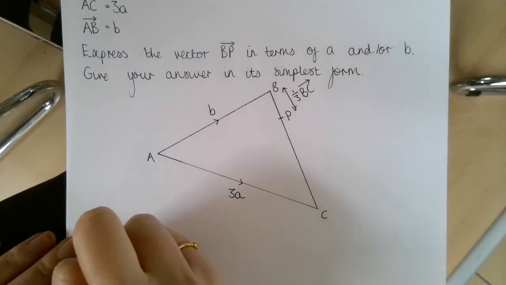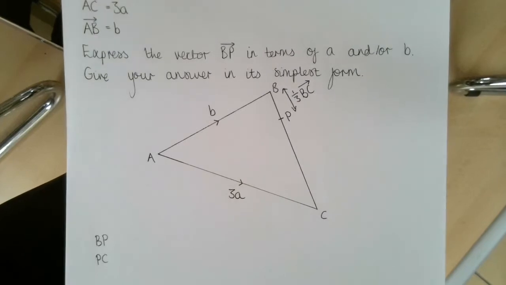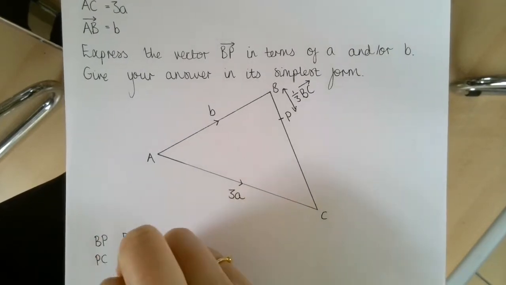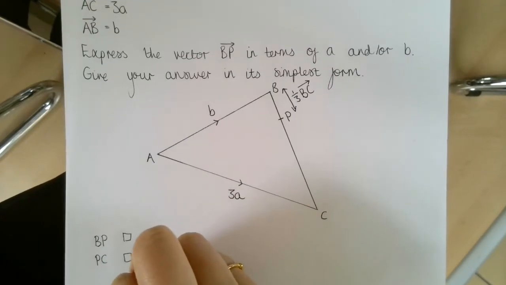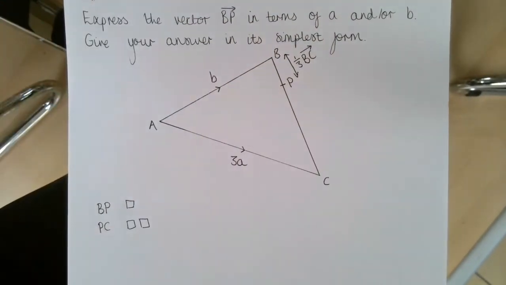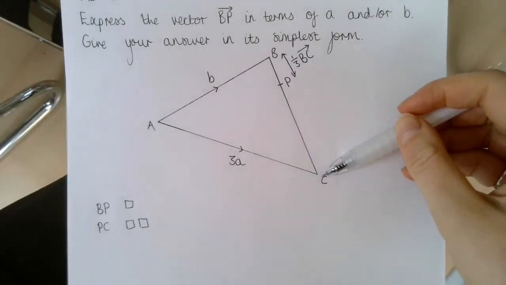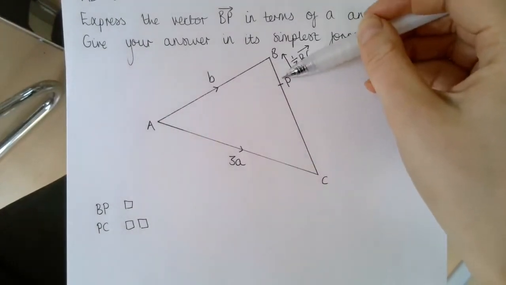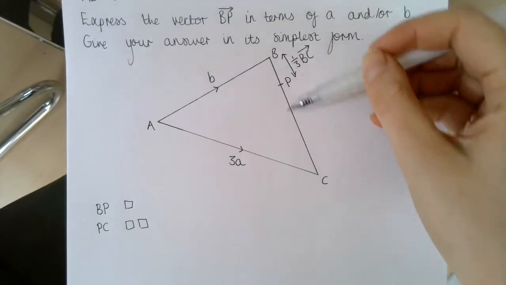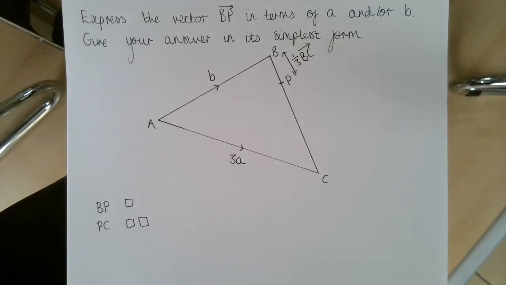So if the ratio of BP to PC is 1 to 2, then we know that the fraction of the line BC that BP makes, so the fraction of BP out of the line BC, must be 1 out of 1, 2, 3 parts of that ratio, or 1/3.